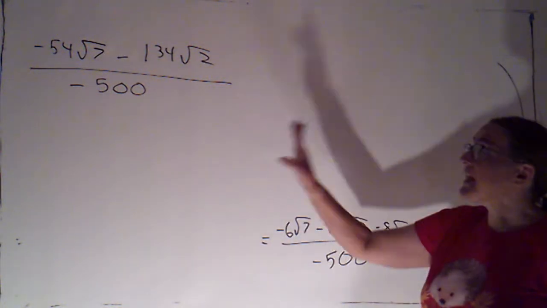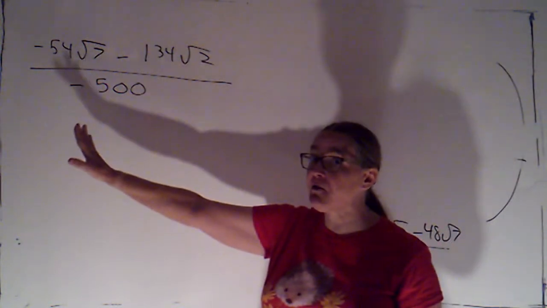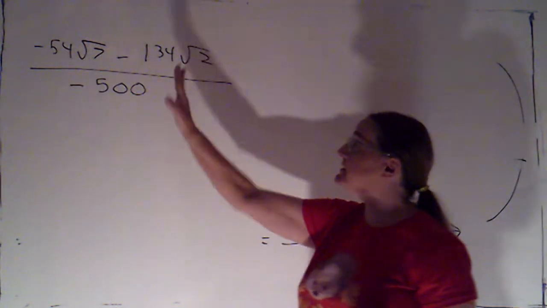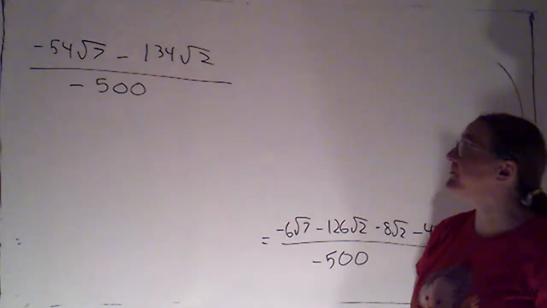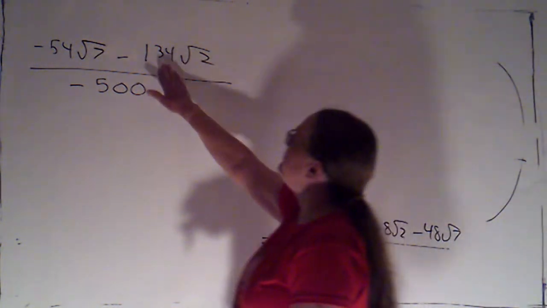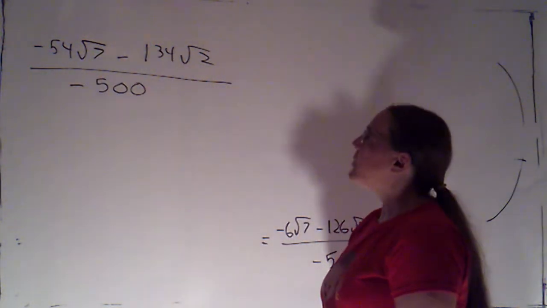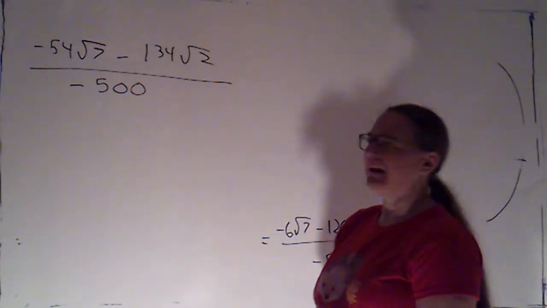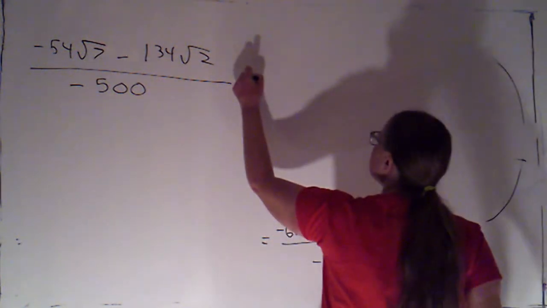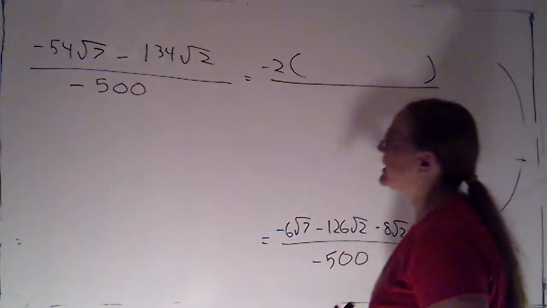But I can cancel if there's something that I can factor out of the top. If there's something that's in both terms that I can factor out, then I might be able to cancel. And both of these numbers are even. So I'm going to factor out, they're also both negative, so I think I'm going to factor out a negative 2 from the top.